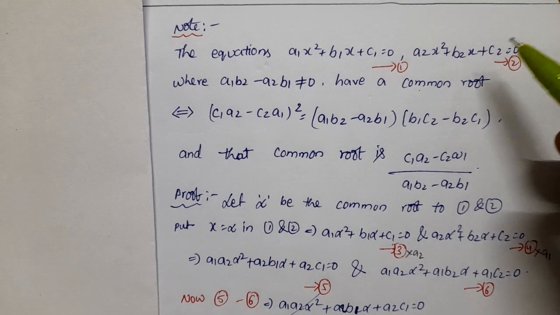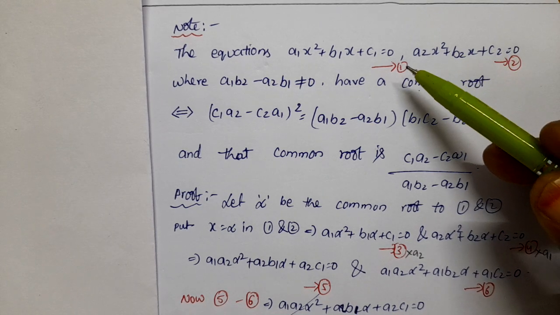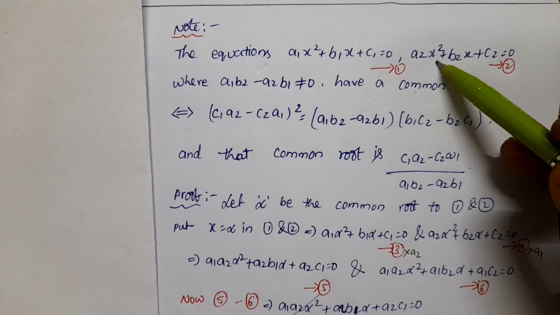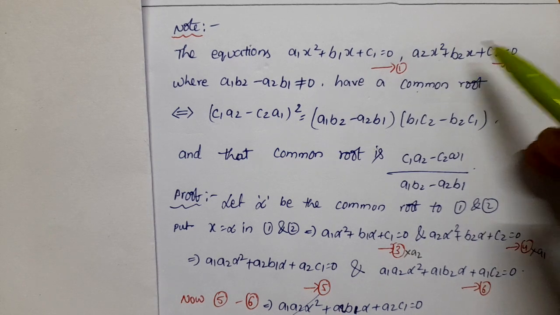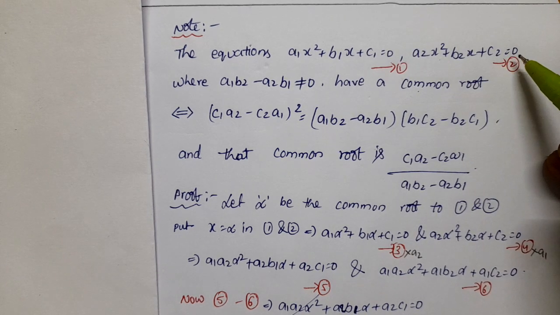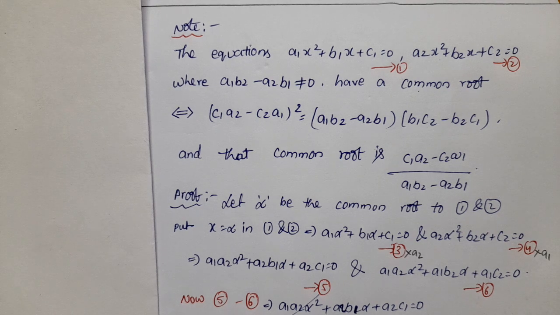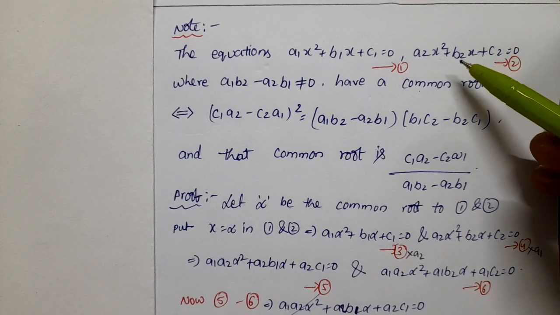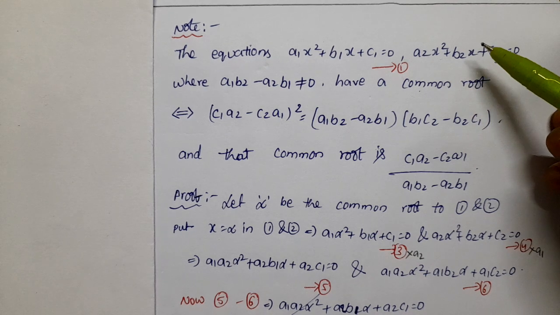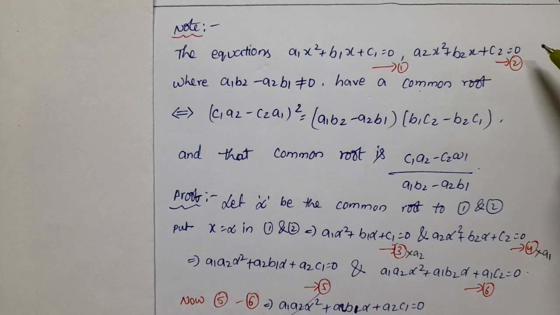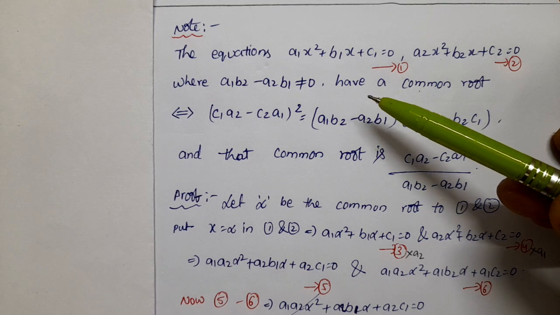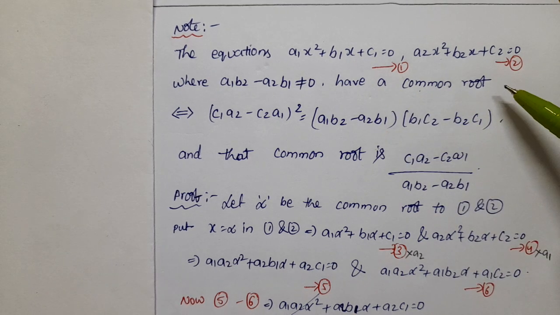Next, note: the equations a1x square plus b1x plus c1 equal to 0 and a2x square plus b2x plus c2 equal to 0, where a1 b2 minus a2 b1 not equal to 0, have a common root.